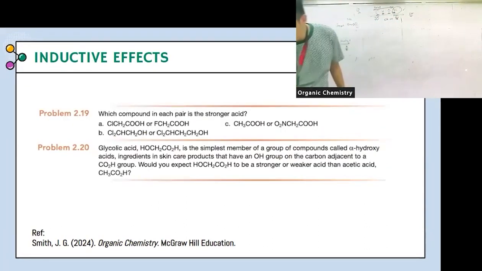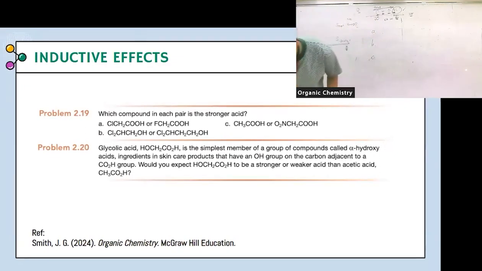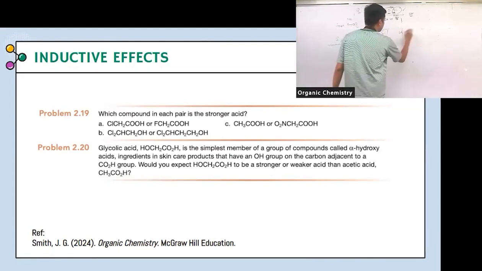So here is a couple of problems. Number 1, 2.20. So we have A, B, and C. So firstly, which pair is the stronger acid? Which compound in each pair is the stronger acid? So here we have CH2OH and FCH2COOH. So we'll simplify. Saan ang difference?